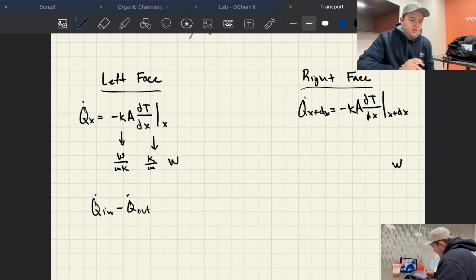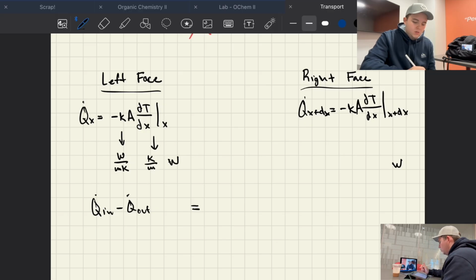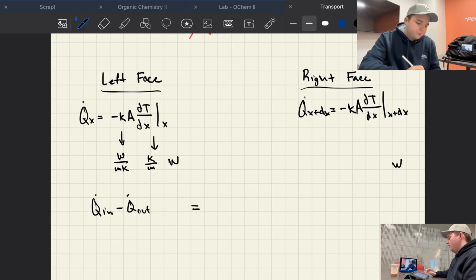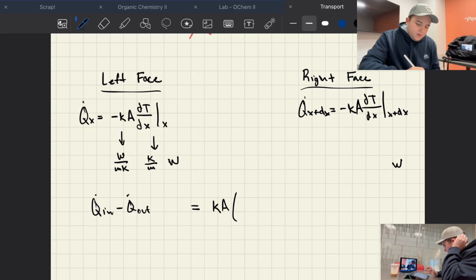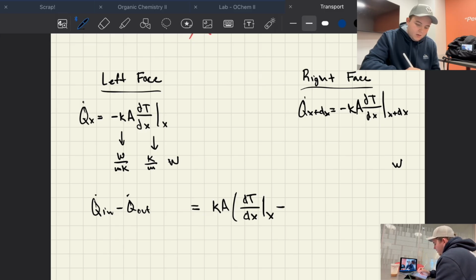So when you put these together, you'll end up with this equation. You'd factor out the K and A, or pull out the constant, I guess. And then we'd be left with our temperature gradient of the left face minus the temperature gradient of the right face.